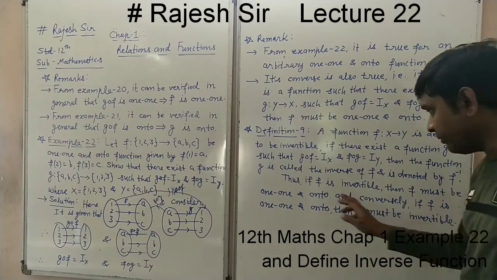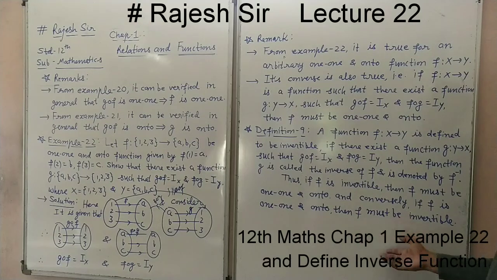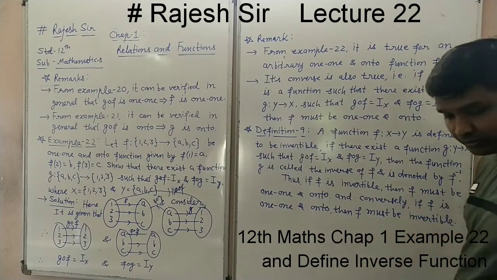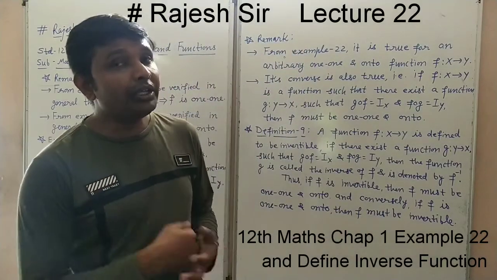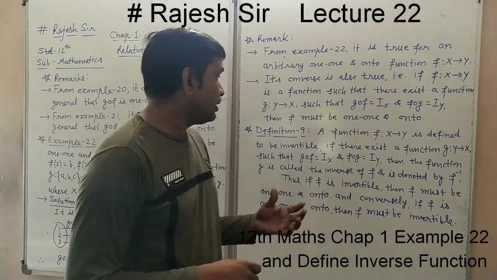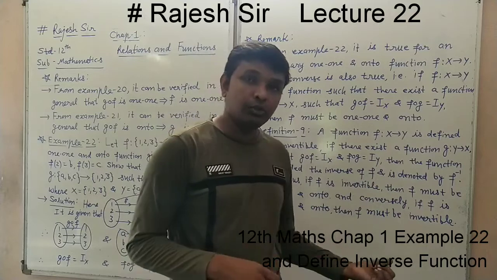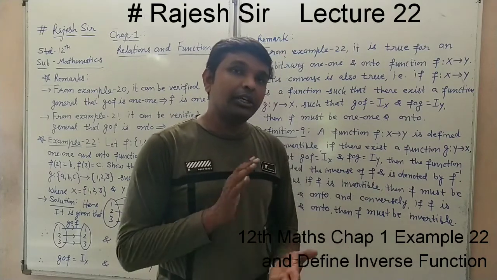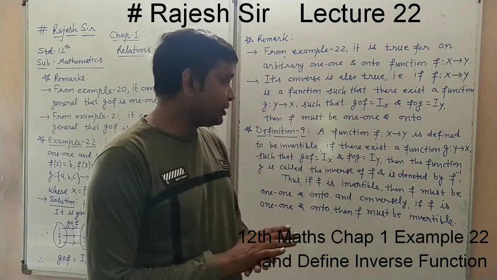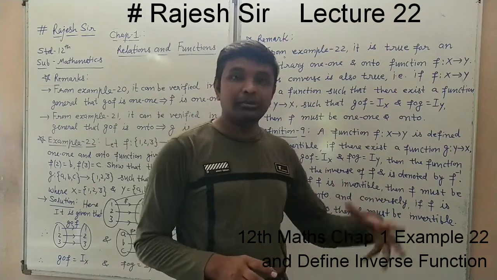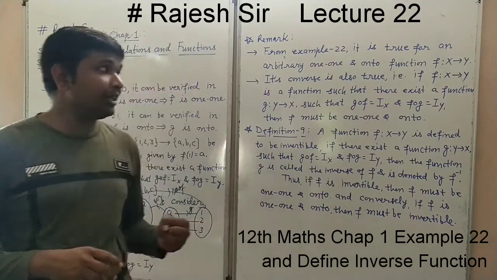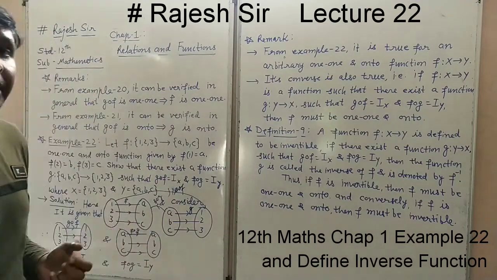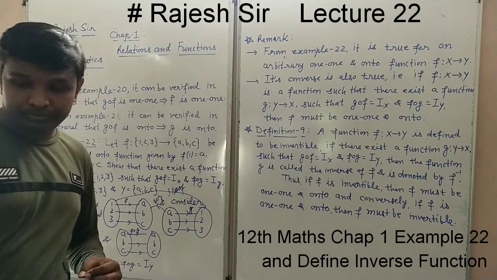Conversely, if f is 1-1 and onto, then only it will be invertible. So here we have defined the inverse function of f. The inverse function of f is possible if f is 1-1 and onto, and its reverse also. If function f is invertible, then f must be 1-1 and onto. This we have to understand and write down in the next coming examples. This we will use. Thank you.